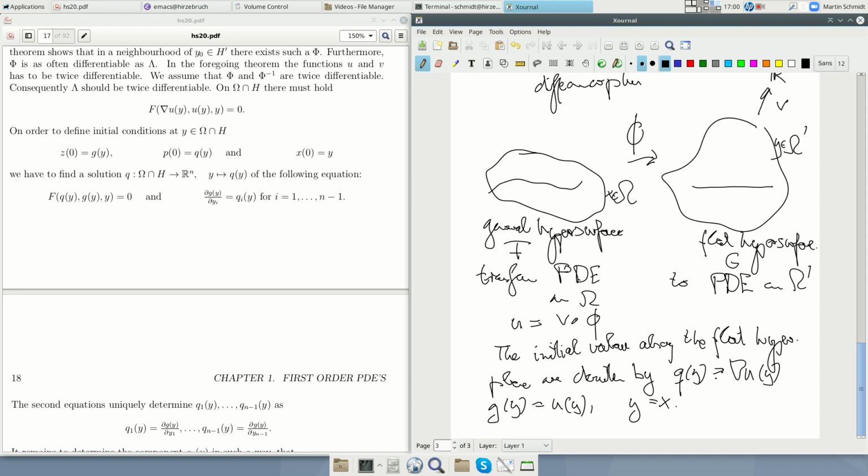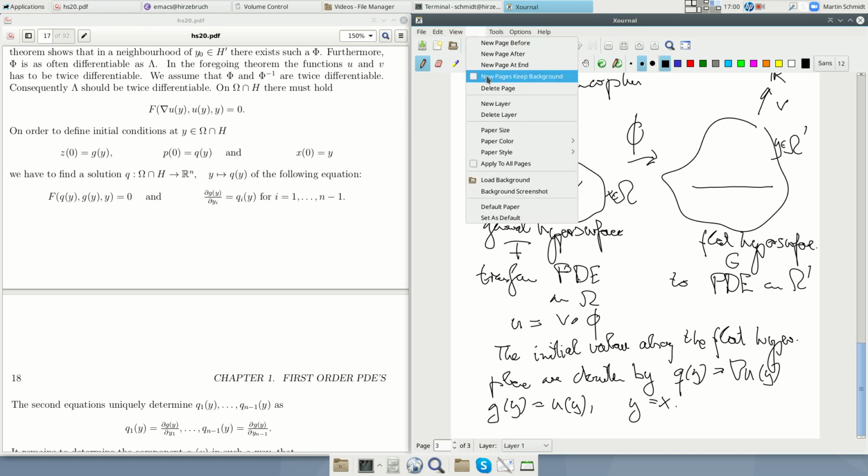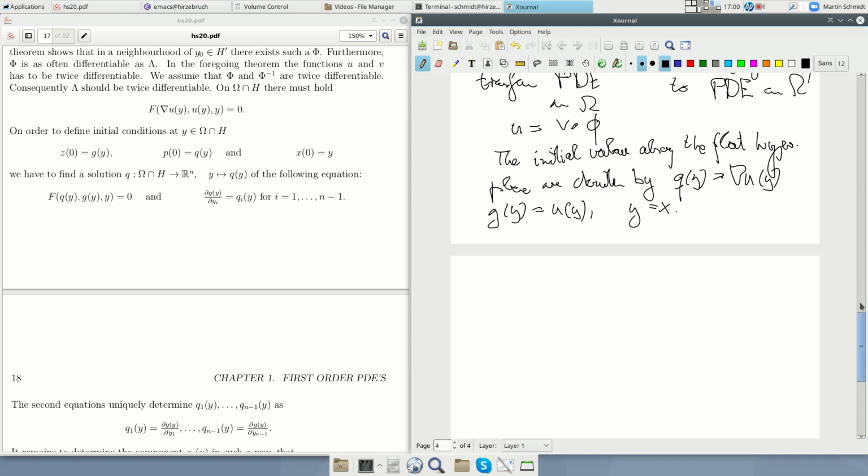So we need to give these. This we have given, this we have given. Now we have to give these values.